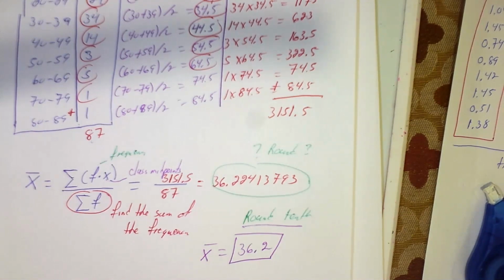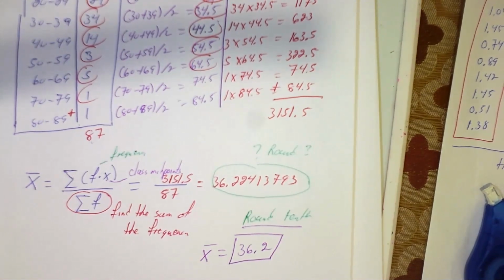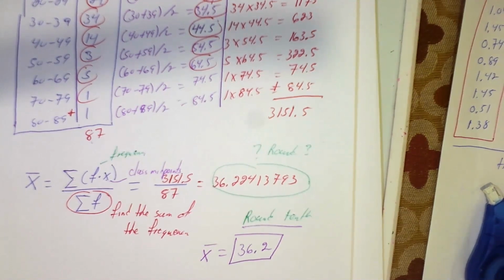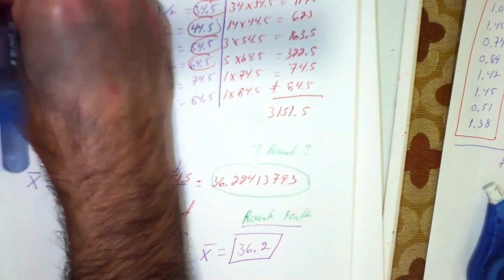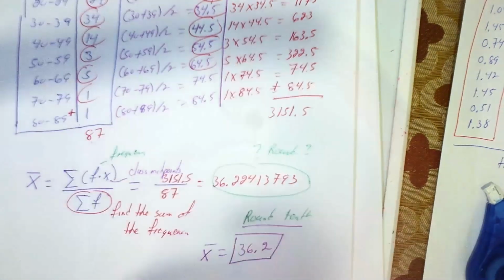So I'm going to leave it up to you. You guys can do the other one. You can do number 31, and that's the last one for the homework. This is 29, I believe.